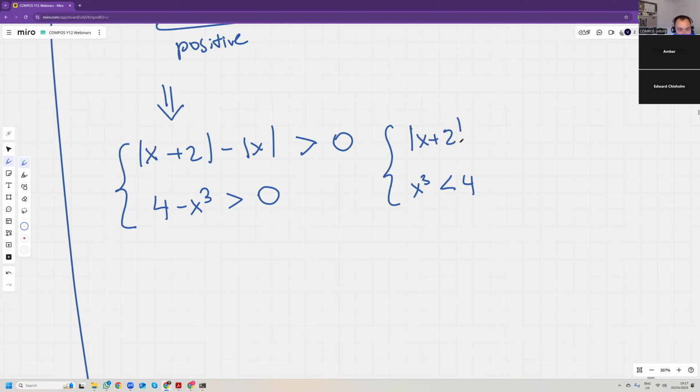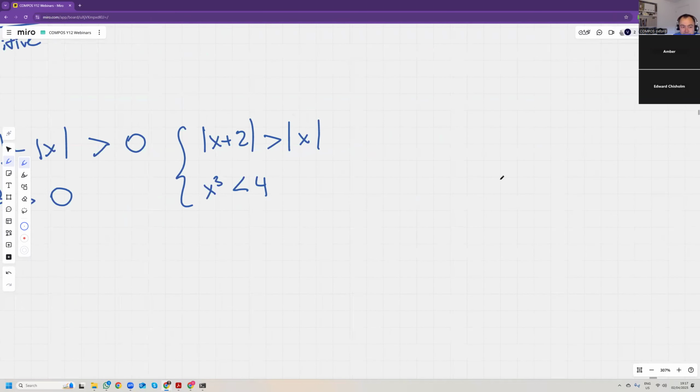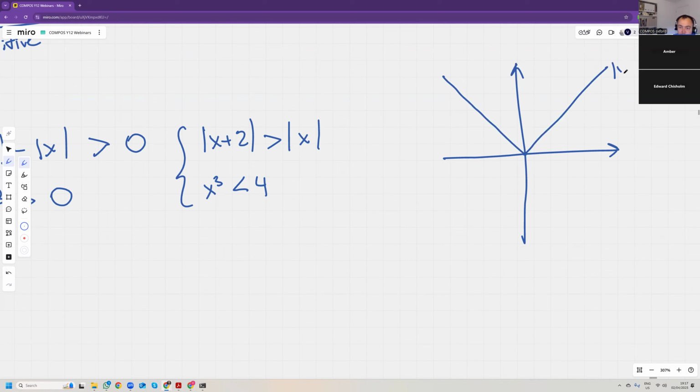Modulus of x plus 2 greater than modulus of x. The easiest way to do this is by sketching the two graphs. Modulus of x looks like this. This is modulus of x. And modulus of x plus 2 is the same graph, let's shift it to the left. Okay, so modulus of x plus 2.